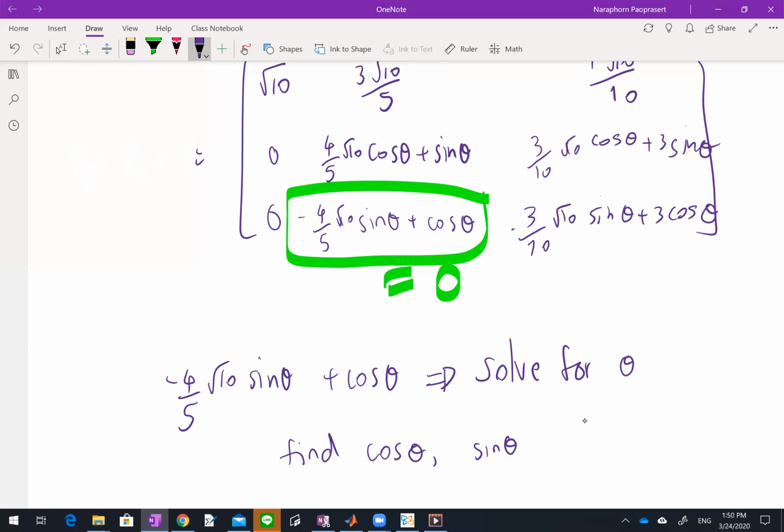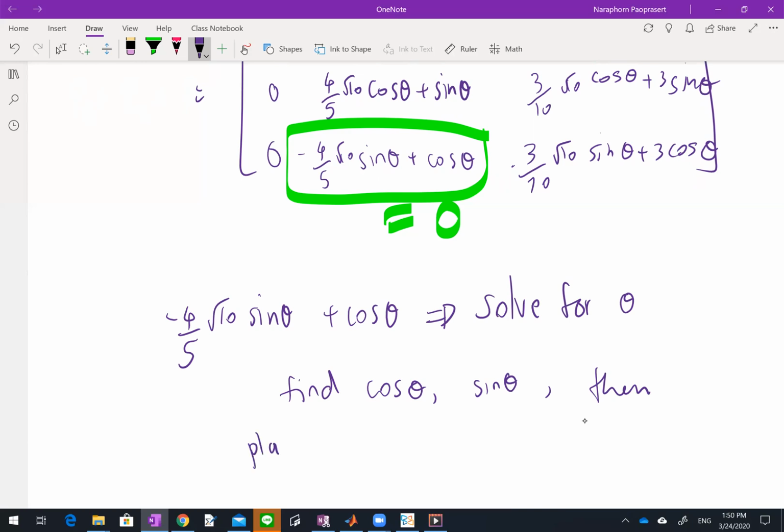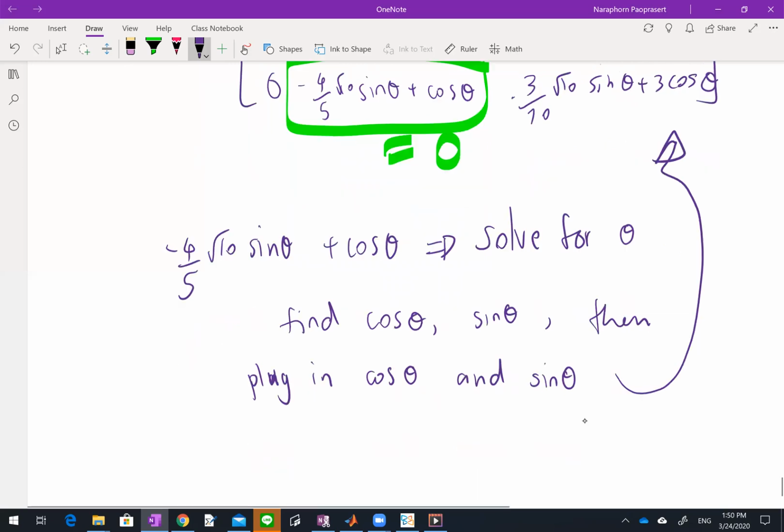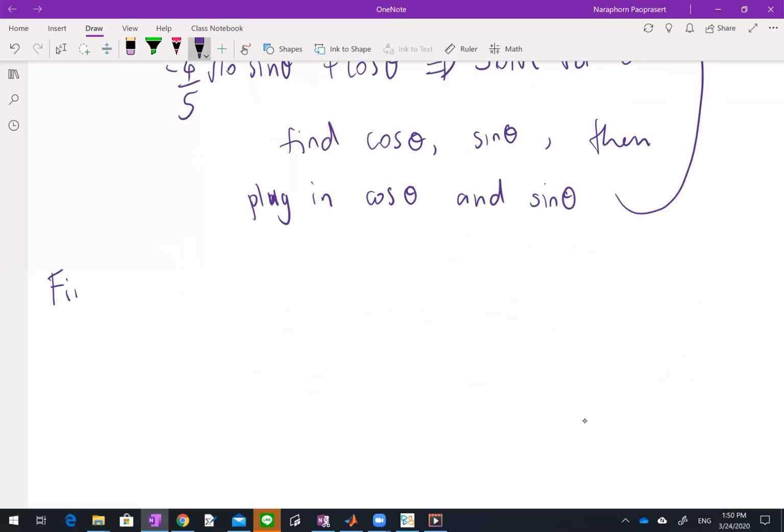Then plug cosine theta and sine theta back into the above matrix, and finally you get P3 times P2 times A.